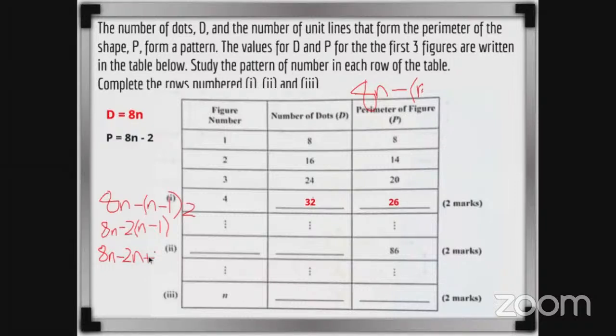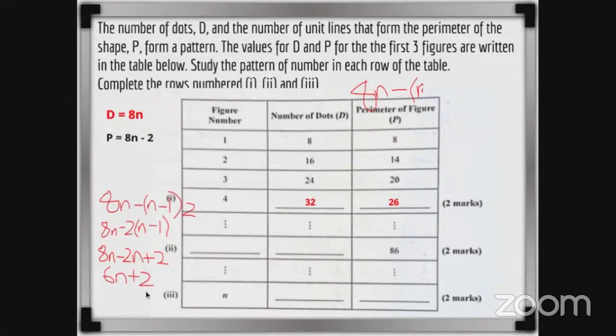Plus 2. All right, great. Can this be simplified any further? Of course it can. 8n subtract 2n gives us 6n, and we can have plus 2. So if you were to simplify the expression we started out with, we'd end up with this.